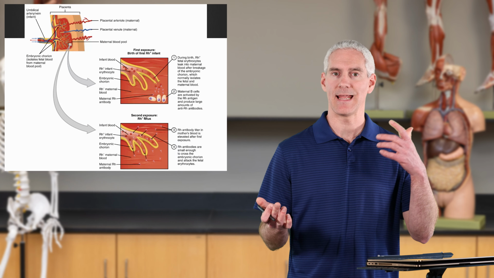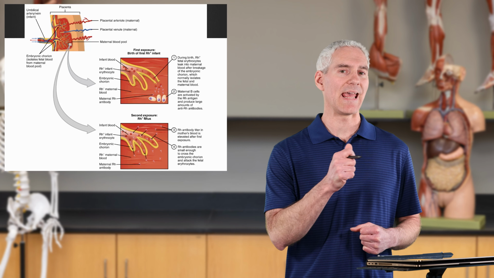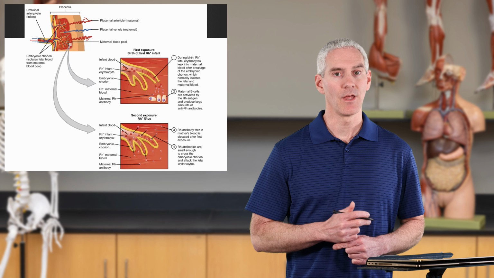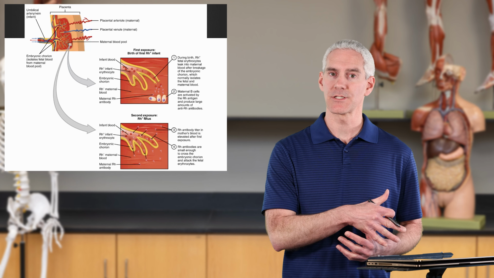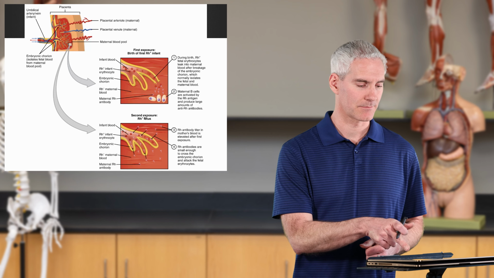Now, mom's blood and the fetus's blood can't cross the barrier, but the antibodies here can. So if those antibodies get into the fetal bloodstream, they'll attack the Rh positive blood. So it's kind of a good thing to make sure that if the mother is negative, the father is positive, Rogam is used to prevent that potential issue there. So looking at blood typing and hemolytic disease of the newborn.